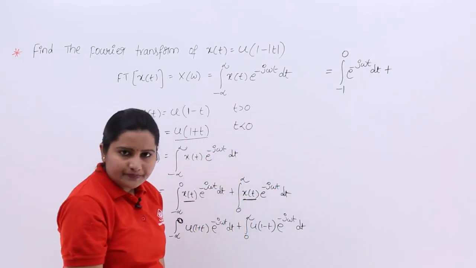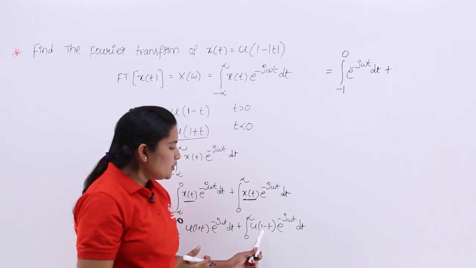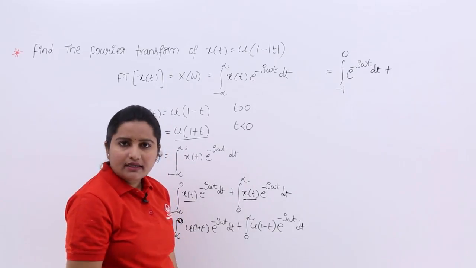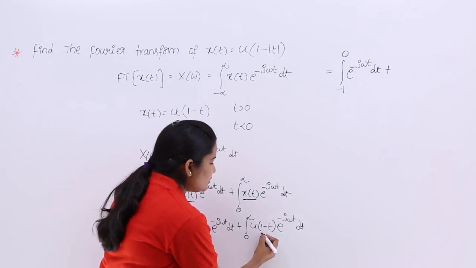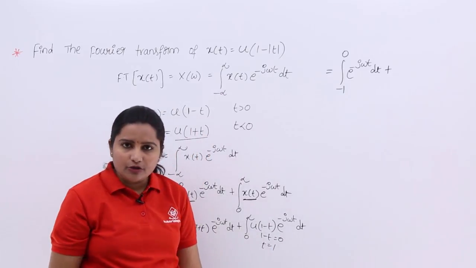Coming to this, here we can see another unit step function, u of 1 minus t. If you want to find the limit here, you need to equate 1 minus t with 0. If you equate it with 0, it becomes t equal to 1.